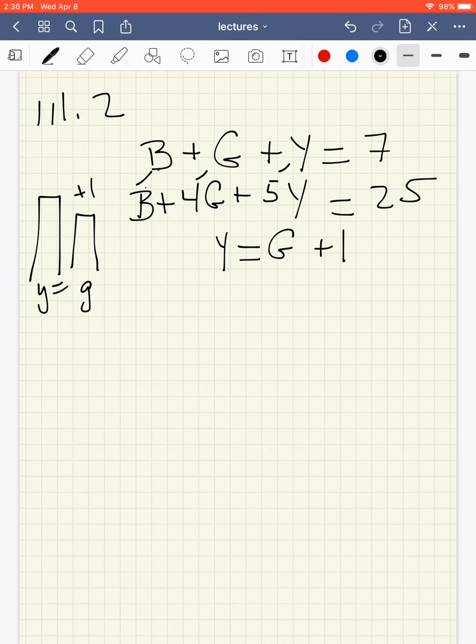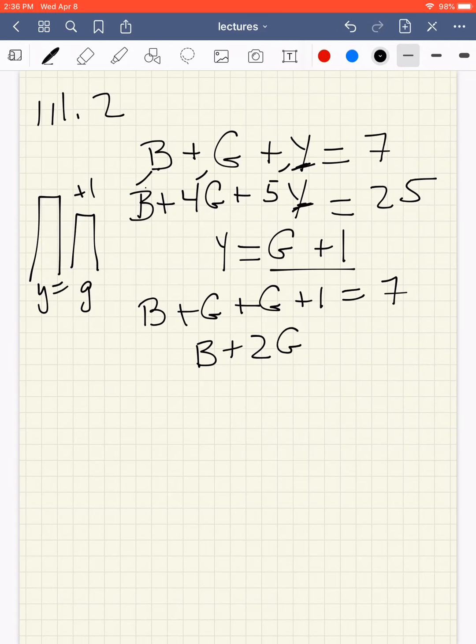So again, we're going to use substitution. We'll put that in here and here. So B plus G plus, instead of writing Y, we put G plus 1 equals 7. And that equation is going to simplify to be B plus 2G, and if we subtract the 1, will be equal to 6. Put a star by that one. And then we go right here.